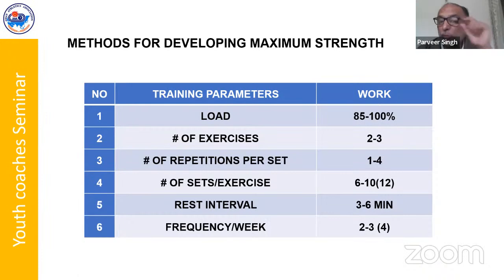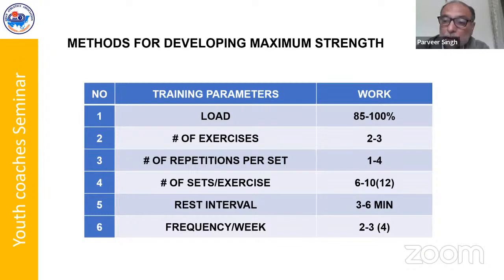And because the number of exercises is less, the load is high, and the number of repetitions per set is less, now you can go for a high number of sets. It can be 6 to 10, and even for advanced mature athletes, it can be 12 sets per exercise.